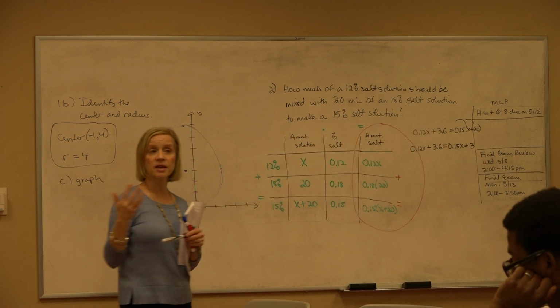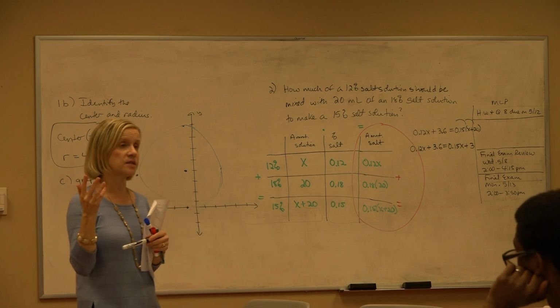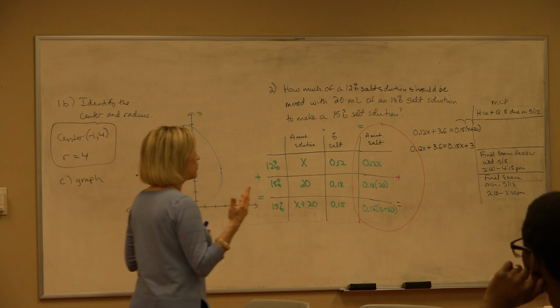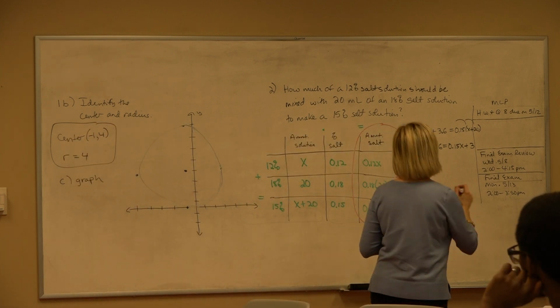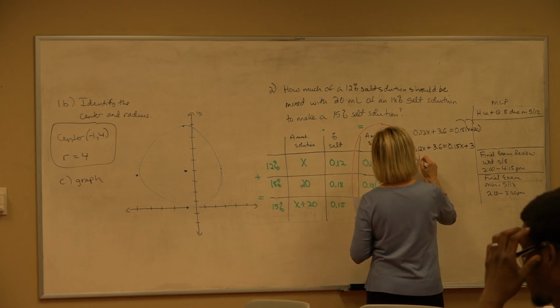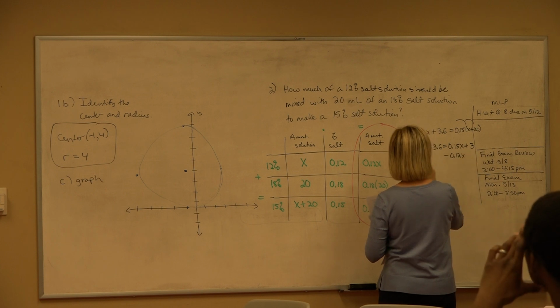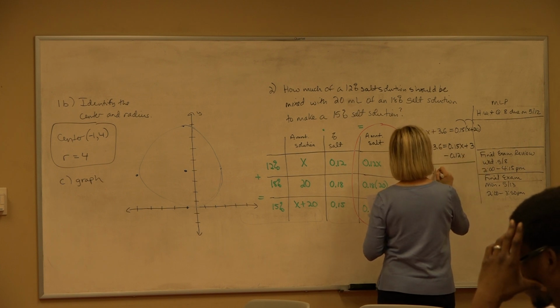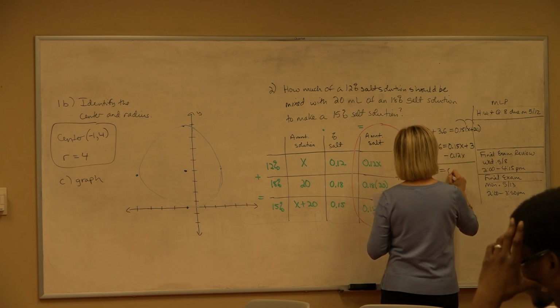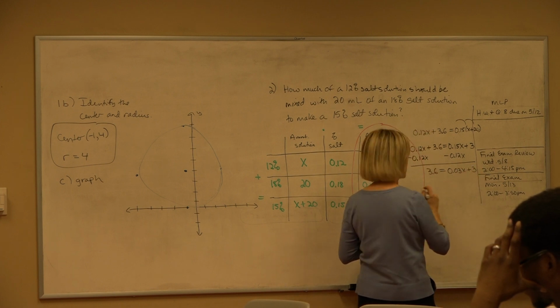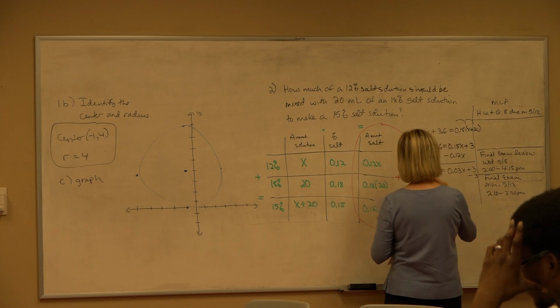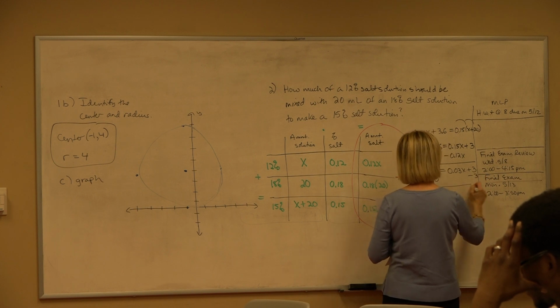Okay, so we want to get all the x's on the same side. You can bring the x's to either side, it doesn't really matter. If you don't want to have negatives, then I bring the 0.12x to the right, but your choice. You could also subtract 0.15x if you prefer. So what that gives me is 3.6 equals 0.03x plus 3. Then I would subtract 3 or 3.0 from each side.